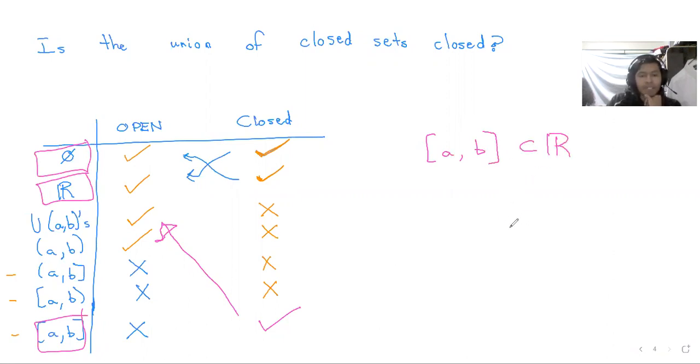So this union, the reals union the empty set, should be the reals, and if the union of the closed sets is just the reals and the reals is closed, I say that the union is closed. And that's it for number 51.